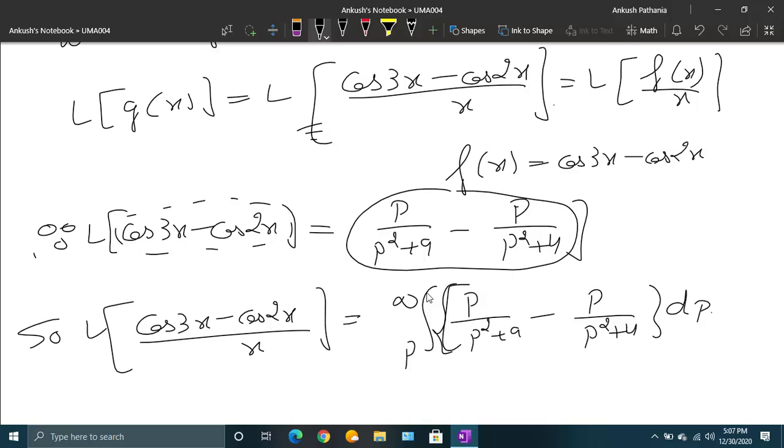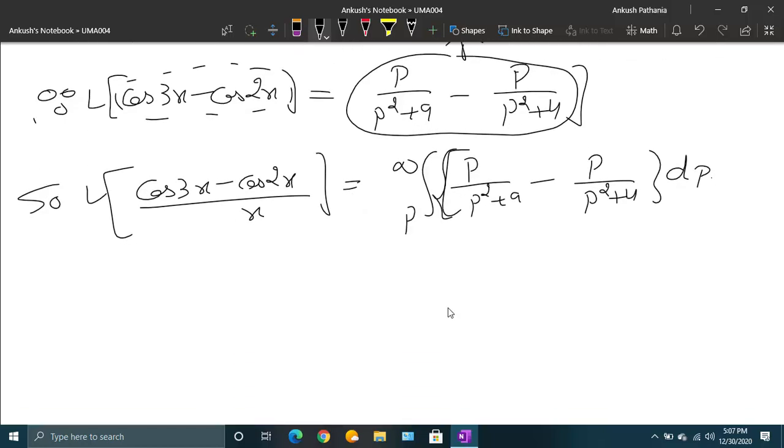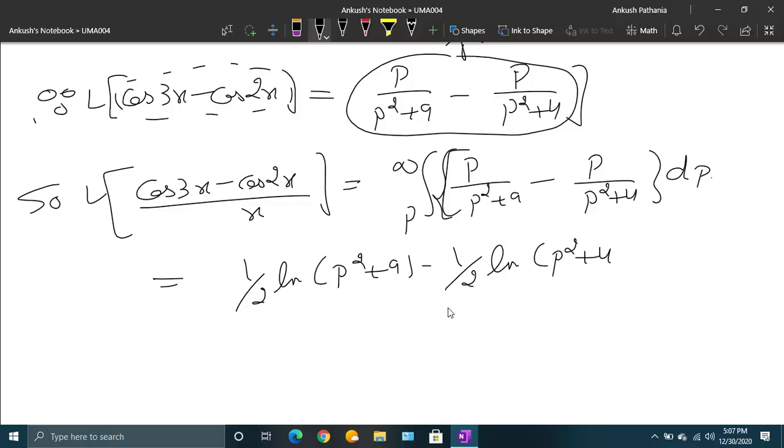So now solving this integral, this gives me 1 by 2 ln (p square plus 9) minus 1 by 2 ln (p square plus 4), from p to infinity.